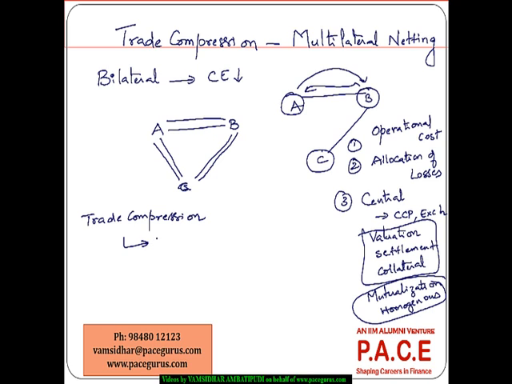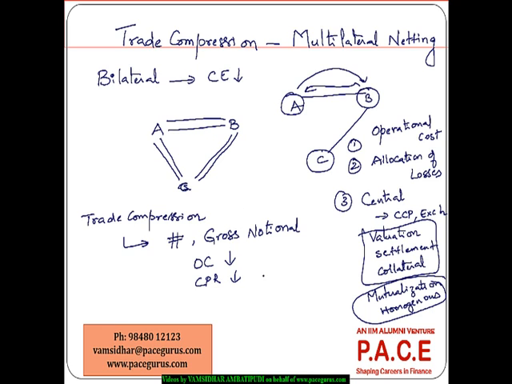We are trying to compress the trades in terms of the number as well as in terms of gross notional. Trade compression talks about combining the trades in terms of the number and the gross notional without changing the risk profile. And because of this, the operational costs are going down, and also the counterparty risk is actually coming down.